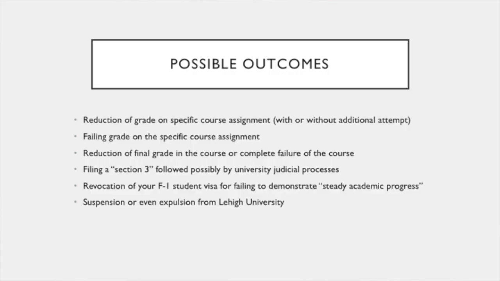Now, when it comes to instances of academic dishonesty like those I've talked a little bit about, there are several possible outcomes or consequences that you should be aware of. One of the least serious possible outcomes could be that the professor reduces your grade on a specific course assignment or test. That is, they might reduce 10 points or 20 points for plagiarizing, for example.